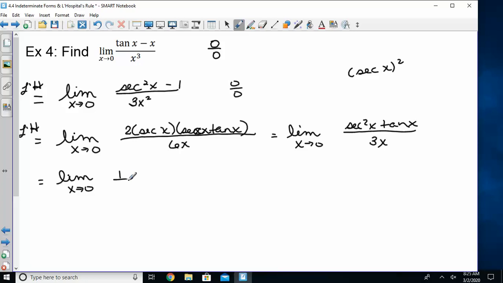I'm just going to, for a second, write a 1 over 3x out here. Secant is the same as 1 over cosine. Tangent is sine over cosine.